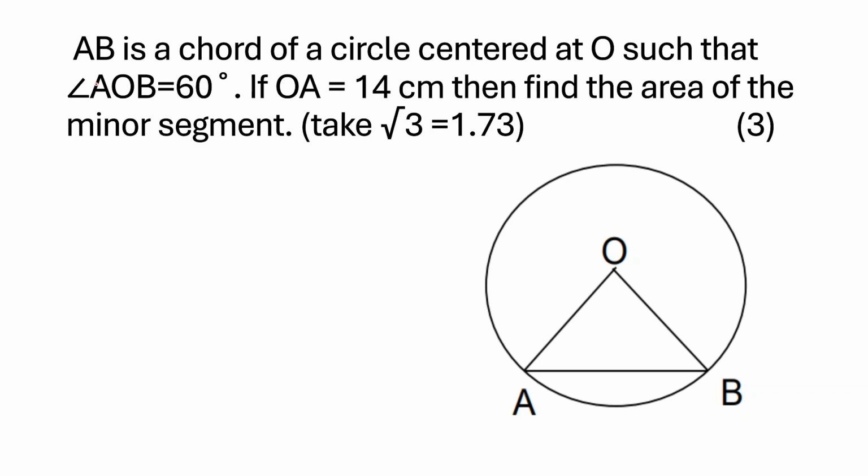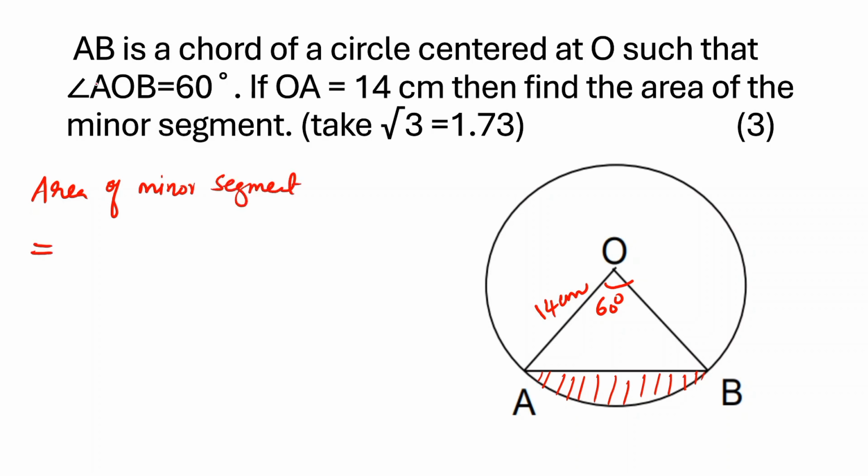AB is a chord of a circle centered at O such that angle AOB equals 60 degree. So this angle is 60 degree. OA equals 14 centimeter. Then find the area of the minor segment. So this is the minor segment. You have to find the area of this. So area of minor segment equals area of sector, right?